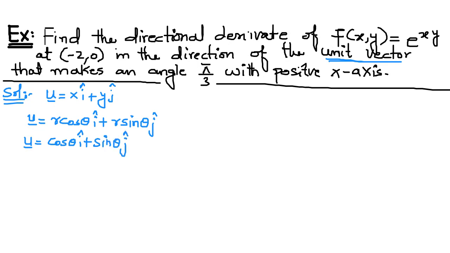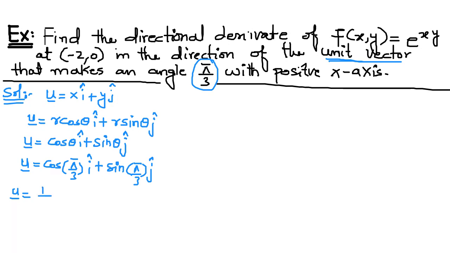Now what is the angle given? The angle is pi by 3. So cosine pi by 3 i plus sine pi by 3 j. Simplify it: cosine pi by 3 is equal to 1 divided by 2 i, and sine pi by 3 is equal to square root of 3 divided by 2 j.